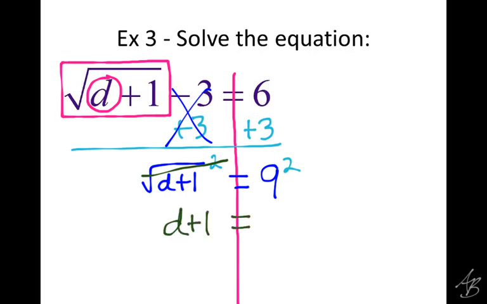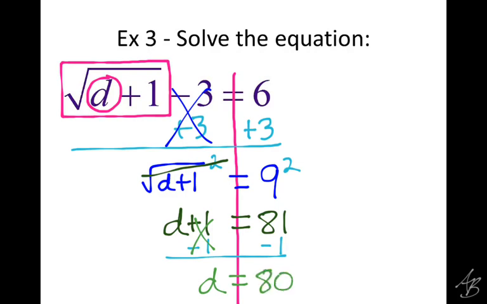And on the right side, 9 squared is 9 times 9, 81. And then I still need to get the d by itself. So I have to get rid of the plus 1 by subtracting 1. 1's cancel, leaving d equals 80.